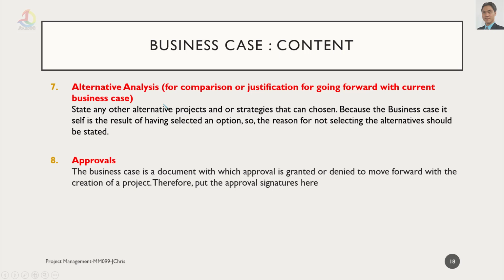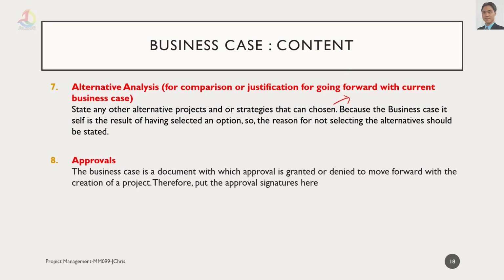Number 7, alternative analysis. This is for comparison or justification for going forward with the current business case. We need to state any other alternative projects and or strategies that can be chosen. So we cannot just say, the way to finish this problem is doing this project, there are no other solutions. No, we cannot say it like that.